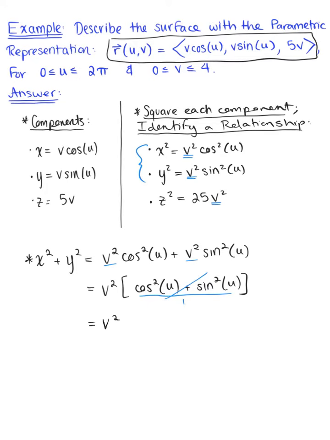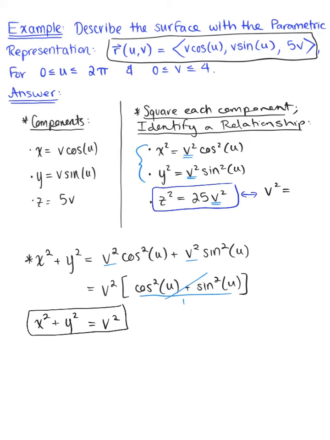So, since we have identified this relationship between x and y, let's now see if we can connect it to our z component. Since z squared is equal to 25 times v squared, we can solve for v squared to see that v squared is equivalent to z squared divided by 25.